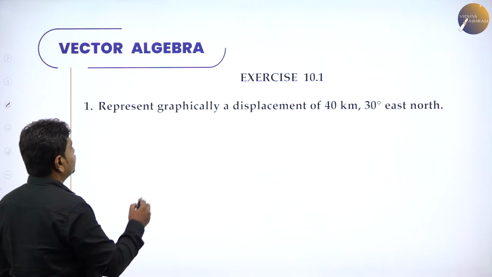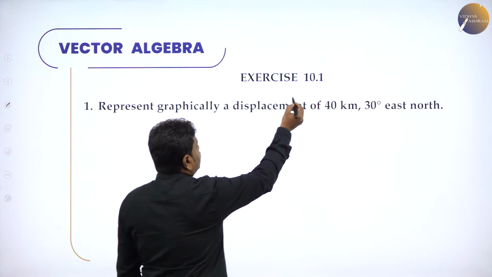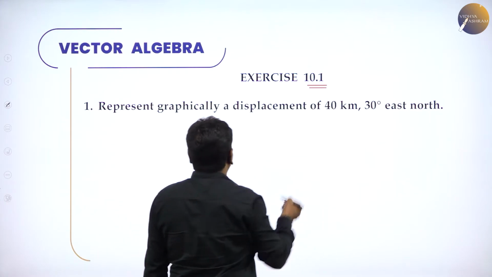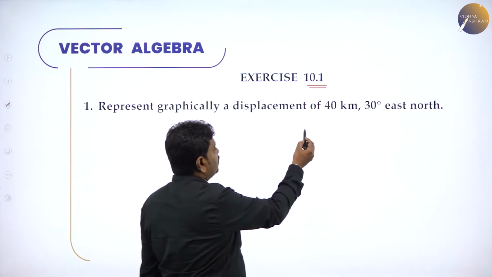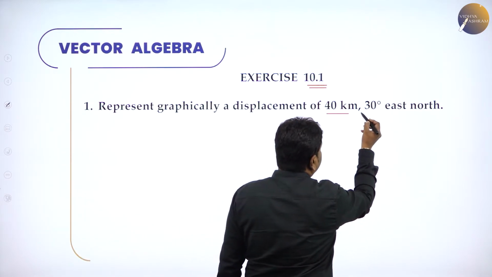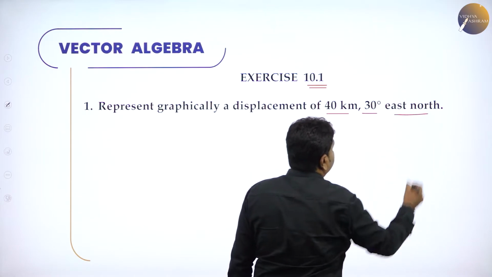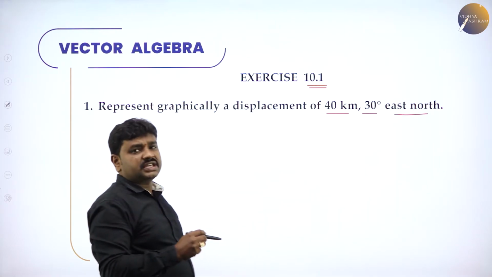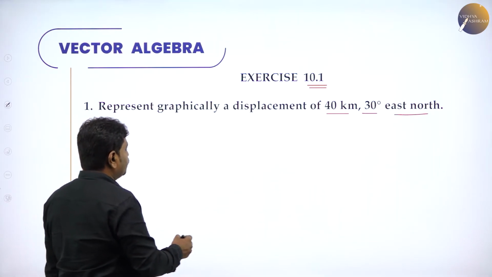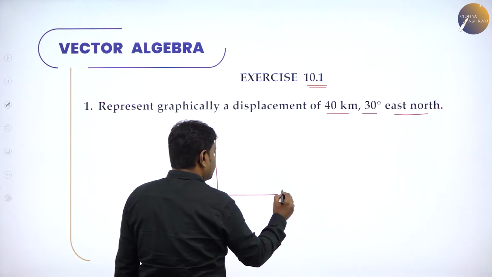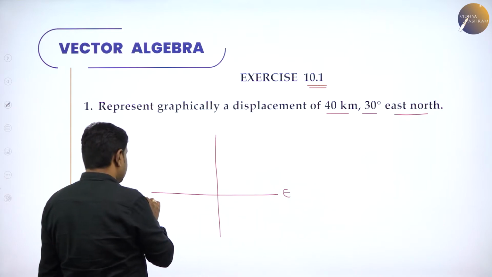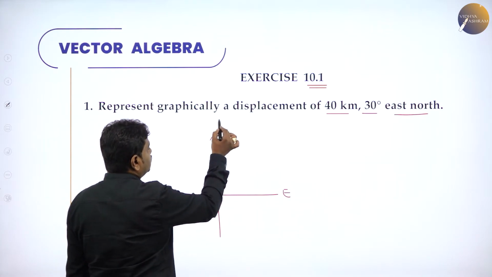So that is exercise 10.1. Represent graphically a displacement of 40 km, 30 degrees east of north. First we'll draw the quadrant system: here we say east and this is west, and north, south.